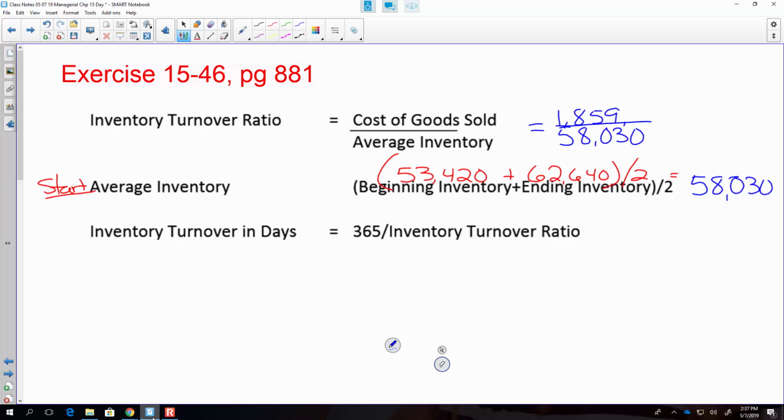Problem 46 says it's a gross margin. Oh, shoot, you're right. So I can't even use that number. Oh, no, I messed up that number. All right, so how do I get my cost of goods sold?